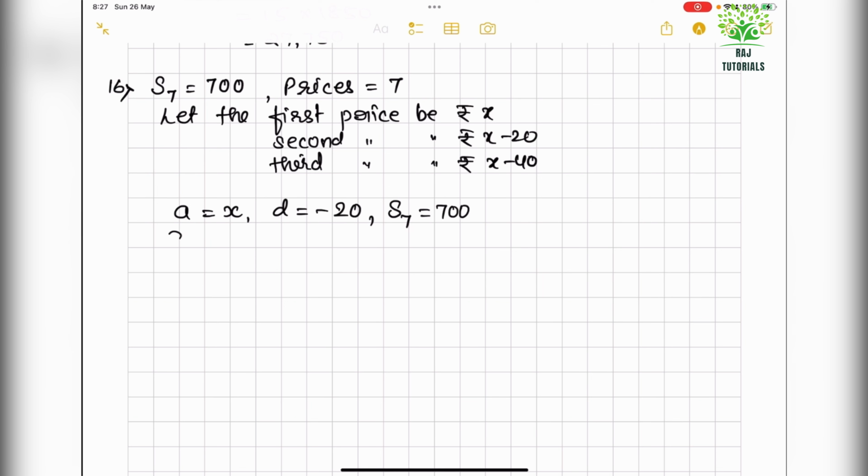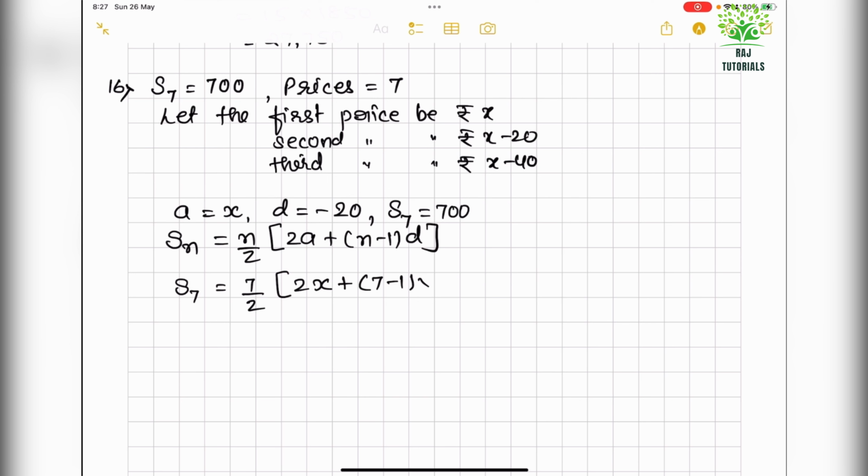So using the formula Sn equal to n by 2 into (2a plus (n minus 1) d), S7 will be 7 by 2 into (2x plus (7 minus 1) into minus 20). So 700 into 2 by 7, so 100, equal to 2x minus 120.